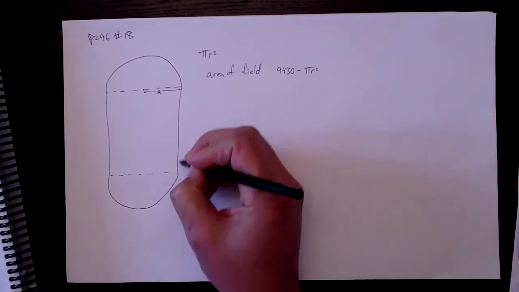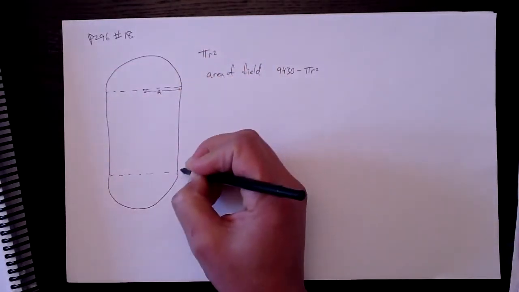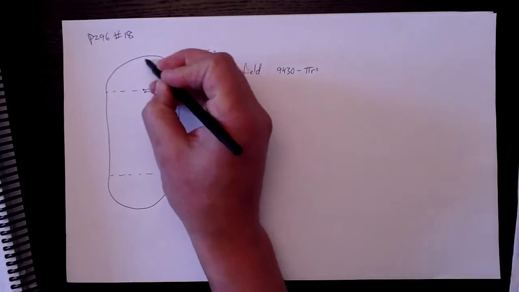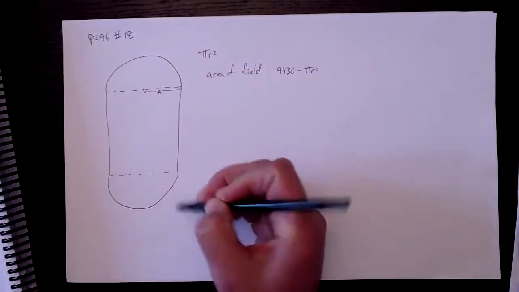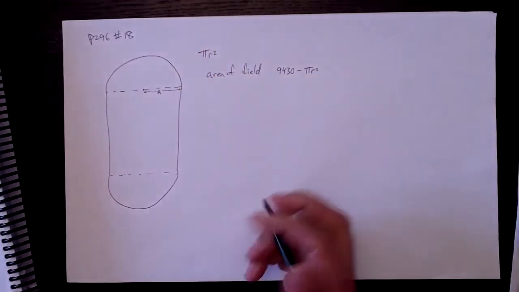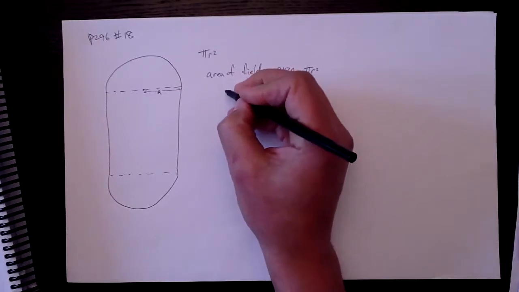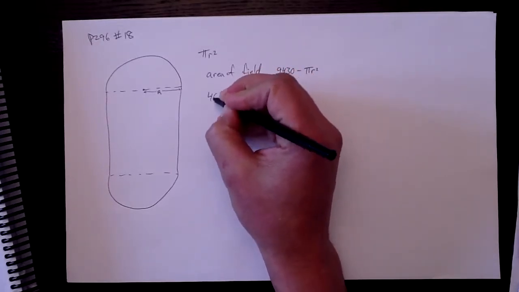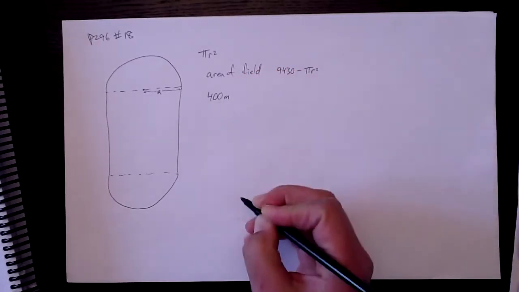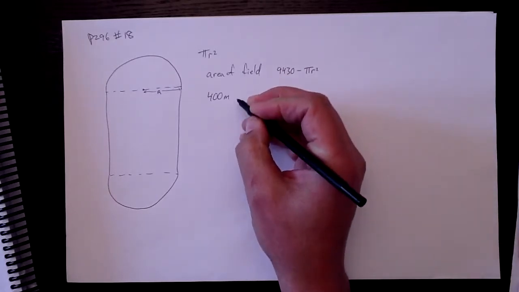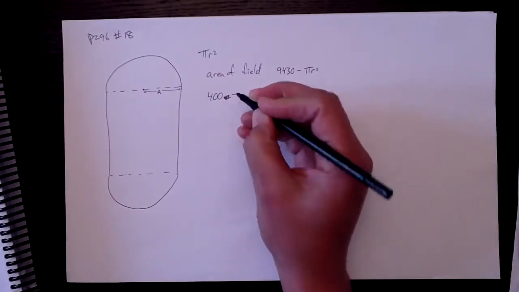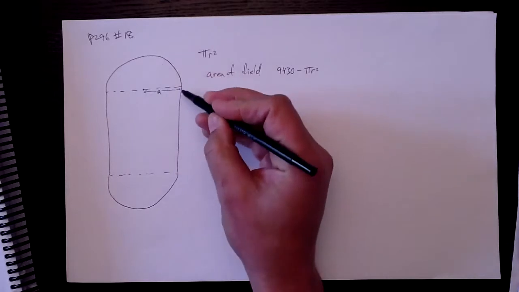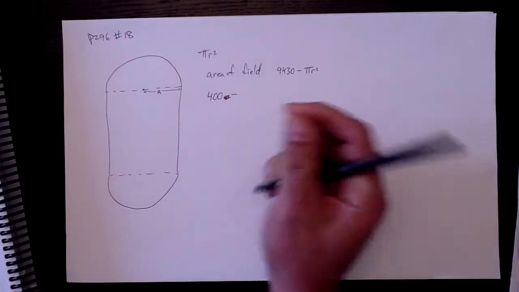Now we were also told that 400 meters is the distance all the way around the track. So that's the circumference of the circle, which has been split in half, plus the two straightaways. So 400 minus the circumference of the circle will give us two straightaways.